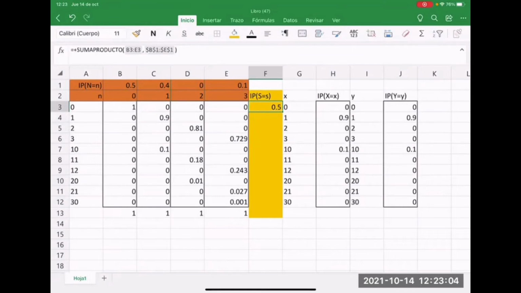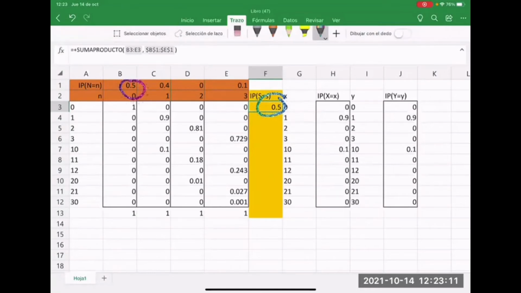Please observe that the probability that S equals 0 matches the probability that N equals 0. Now, this would definitely not be the case should we have something different than 0 in here. Why is that?